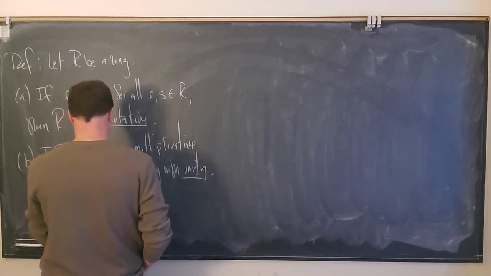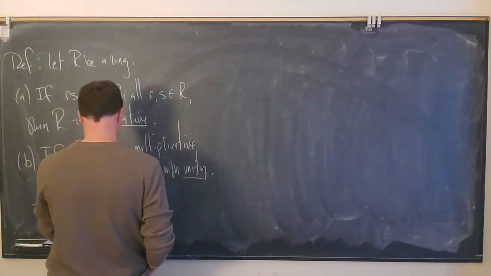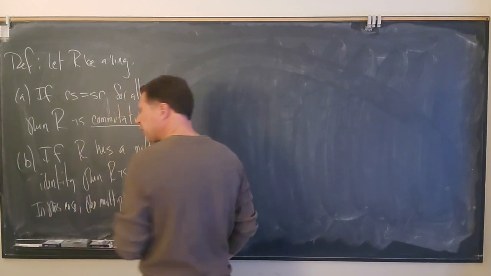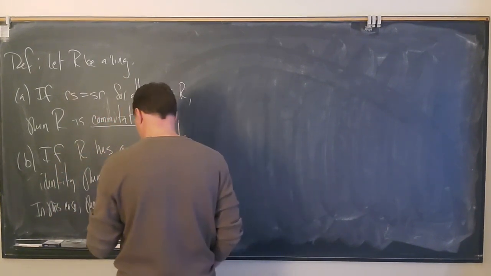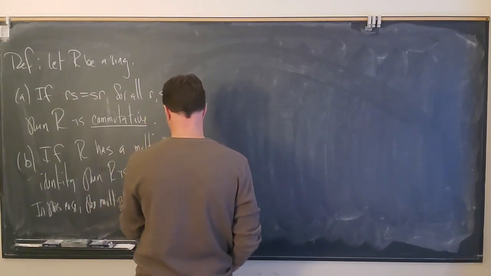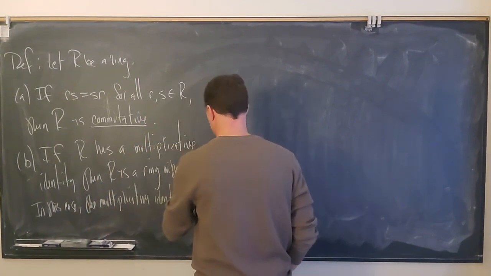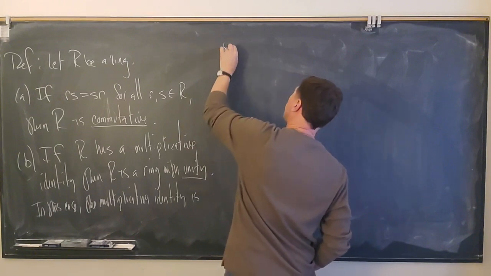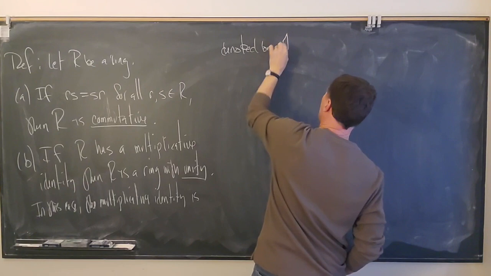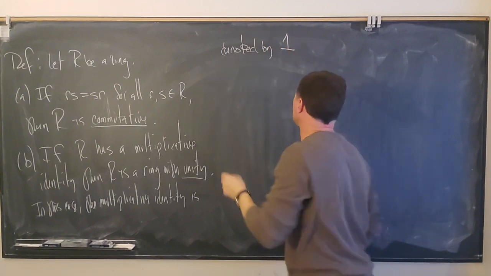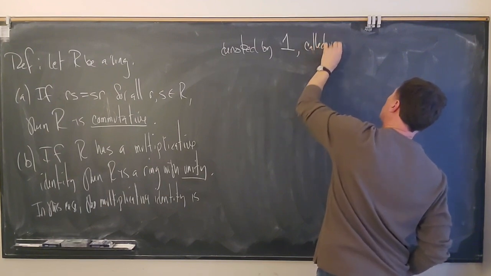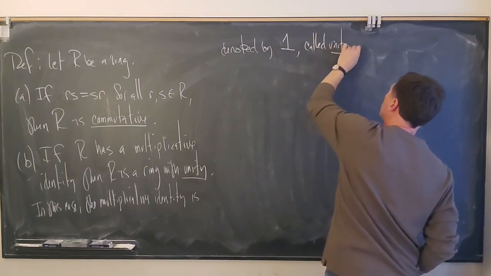The multiplicative identity, we refer to it as the unity element, or as unity. The multiplicative identity is denoted by the symbol 1, called unity.